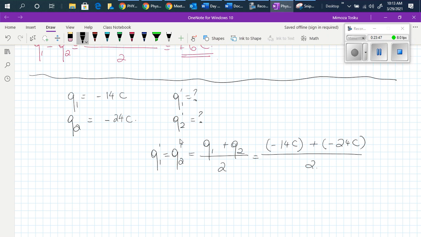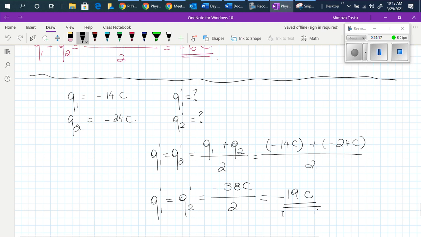Negative 14 plus negative 24 equals negative 38. So Q1 prime equals Q2 prime equals negative 38 coulombs divided by 2, which is negative 19 coulombs. So both objects, assuming they are the same material and size, will have a charge of negative 19 coulombs.